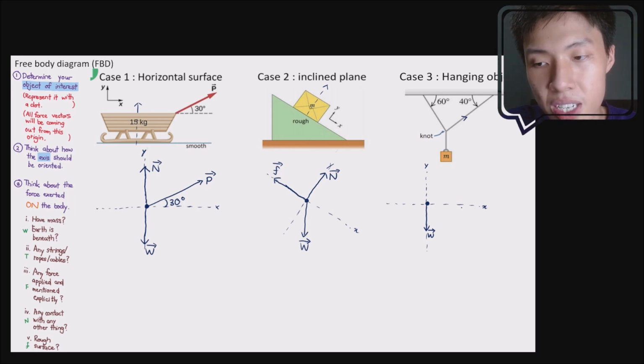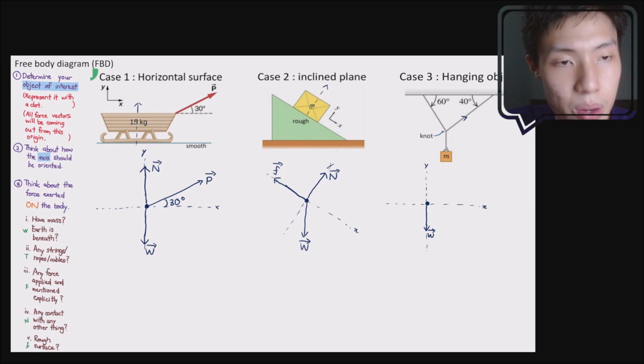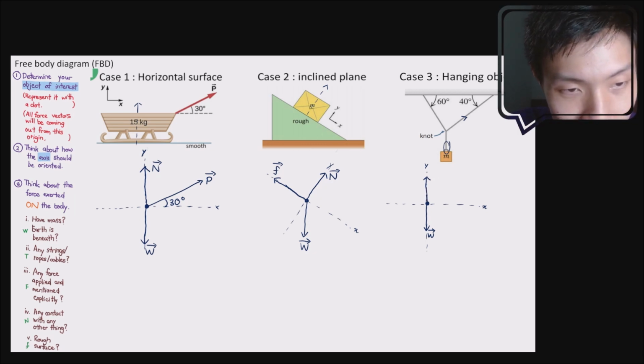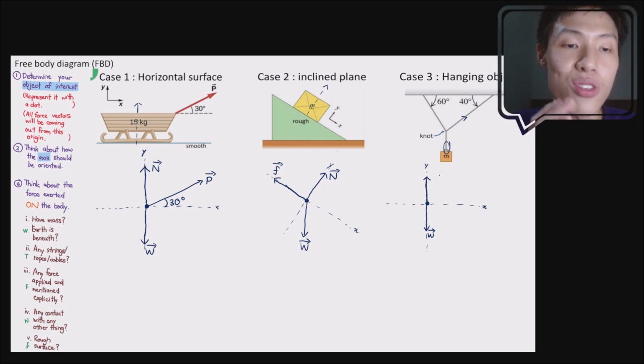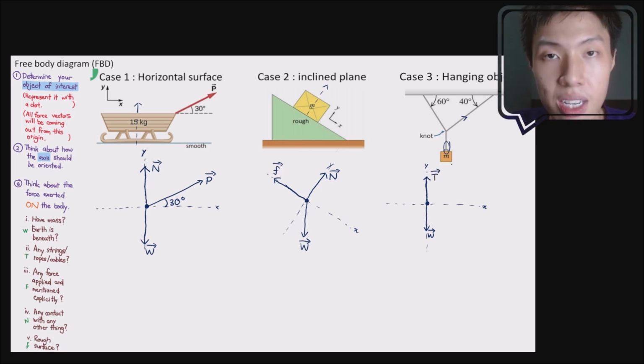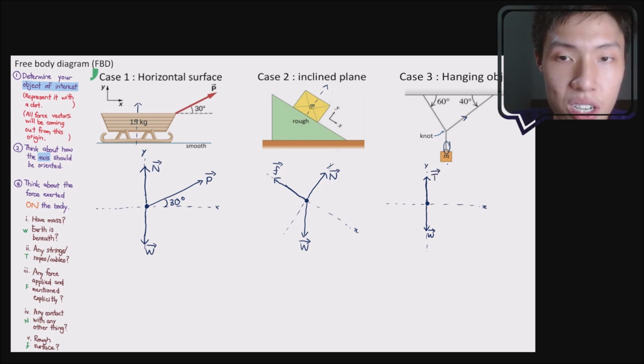Any ropes, strings, cables connected to the object? Well, there is one. There's one string connected to the mass. So we'll draw one tension. Tension should be coming out from the dot. You should expect one tension because there's one rope connected to the block, and tension we label using T. The direction of the tension should be along the rope, so you should expect either this way or this way.